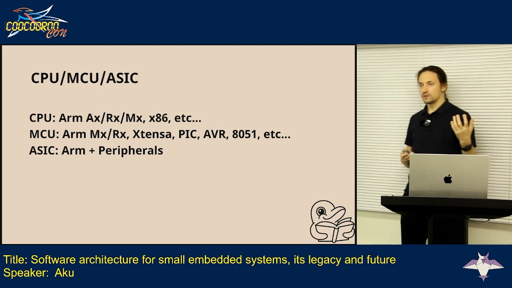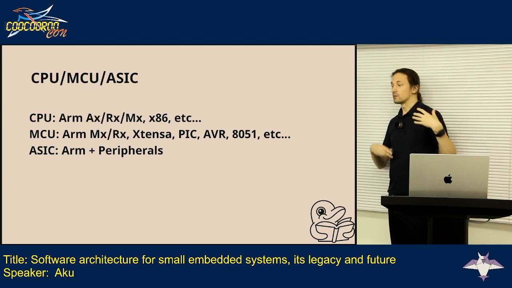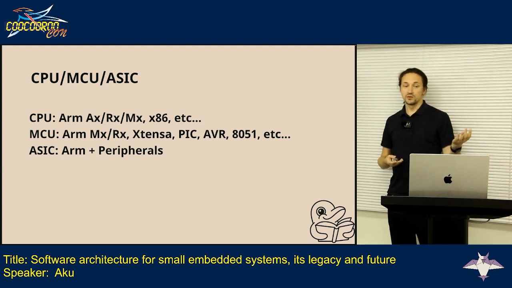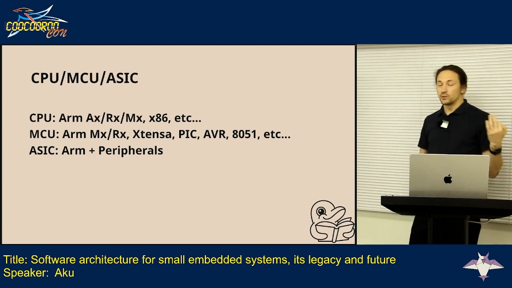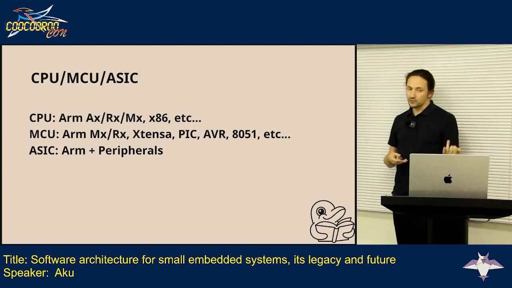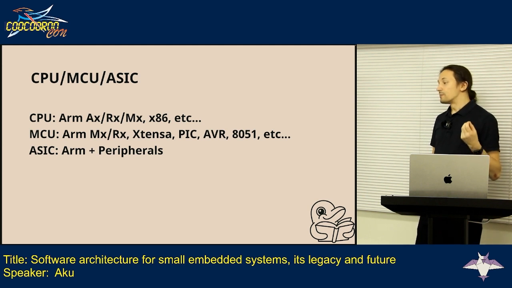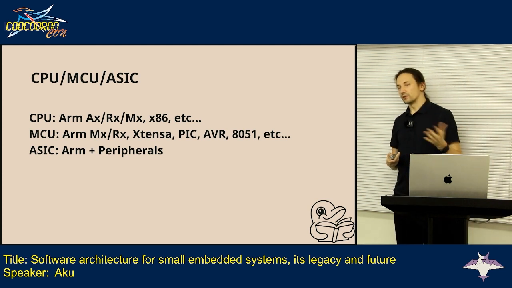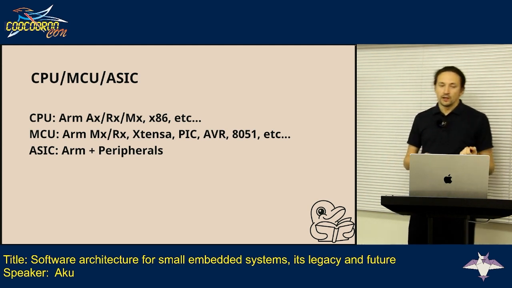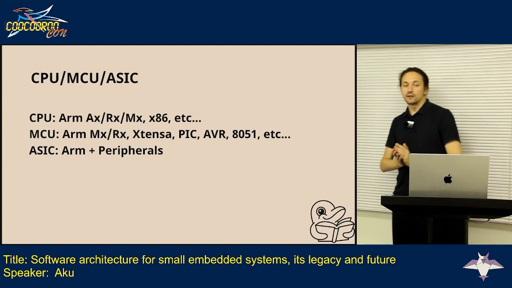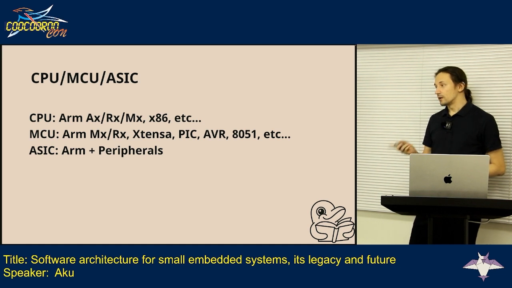So CPU is our central processing units, quite powerful. And when we're talking about them, we're usually talking about ARM A cores, sometimes mixed with R cores. Then we do have some M cores that are actually powerful enough, but they usually lack a memory management unit. And because of that, we cannot run Linux on them properly. And then we have x86, and some systems were specifically designed, like the one by AMD, the Geode series.